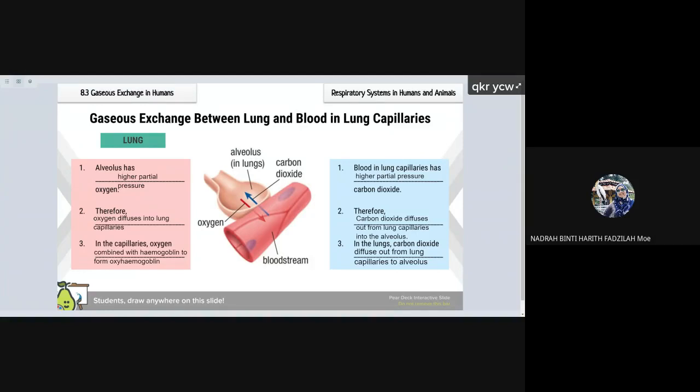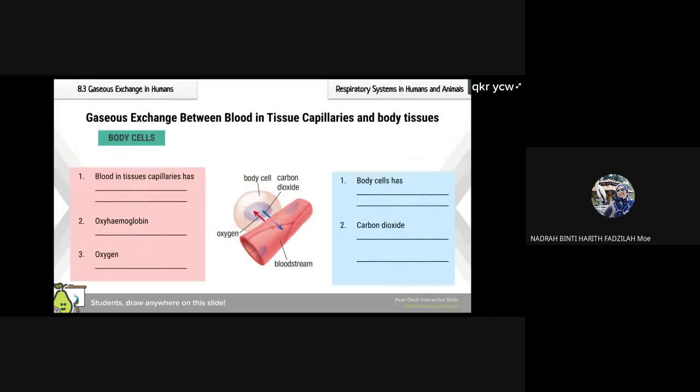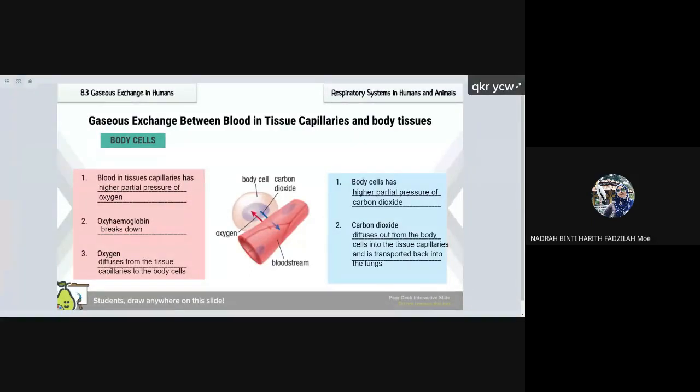Alright, now let's take a look at what happens when blood arrives at the body tissues. Earlier we said inside the blood, there is oxygen combined with hemoglobin to form oxyhemoglobin.